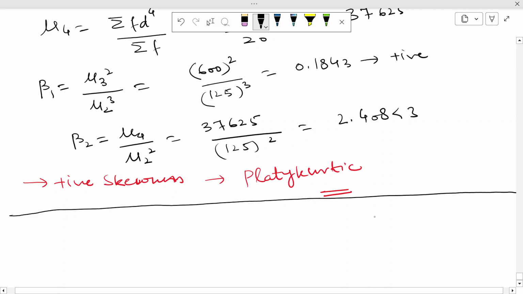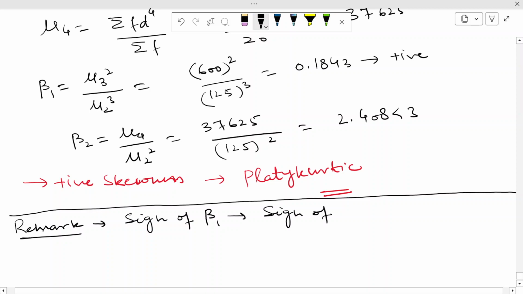So before we end this video, let us make certain remarks, and that will be that the sign of beta 1 will be same as the sign of mu3.